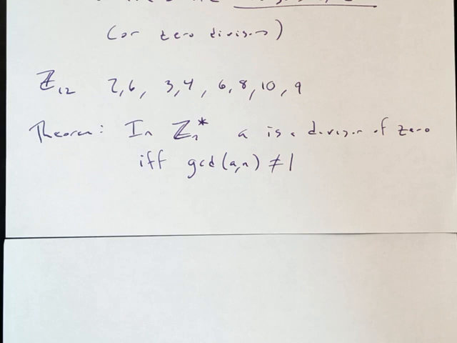So, if A is a divisor of 0, I think that might be hard. We can also do it indirectly. Let's do that one after. So we'll start with the other one. Let's suppose that we had a number whose greatest common divisor wasn't 1.